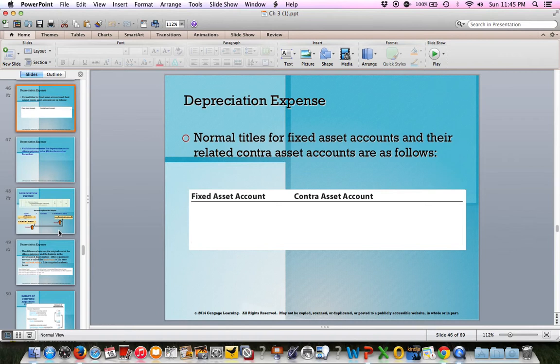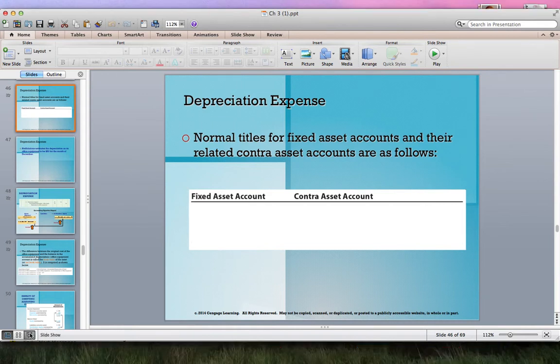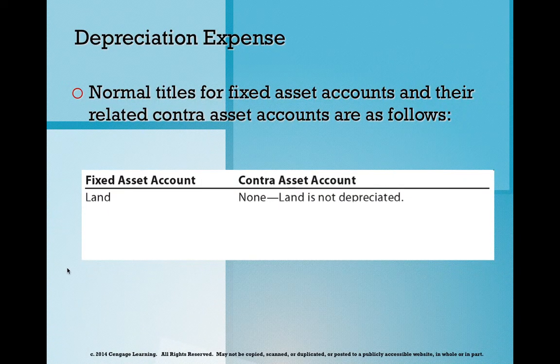The normal titles for fixed asset accounts and their related contra asset accounts are as follows. I put that in presentation mode. There we go. So you've got a few right here. Let me put that in this mode so you can see this a little bit better.